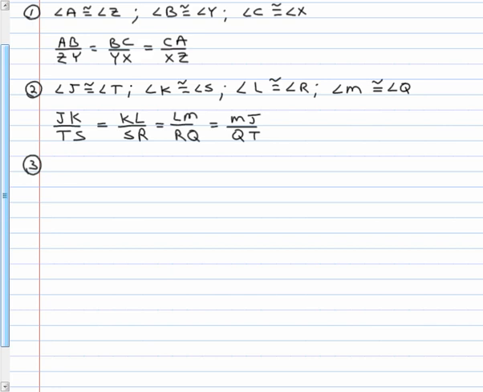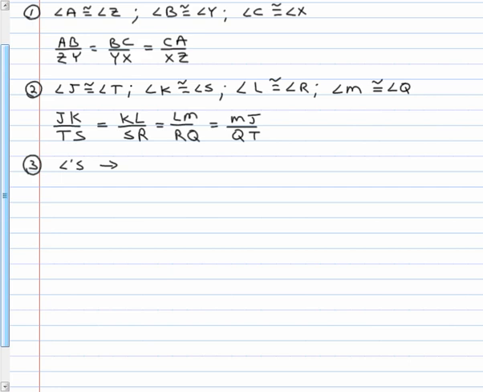Number 3. Determine whether each pair of figures is similar. If so, write the similarity statement and scale factor. If not, explain your reasoning. Remember, there are two things to check. Check number 1 is the angles. We need to see if the corresponding angles are congruent.